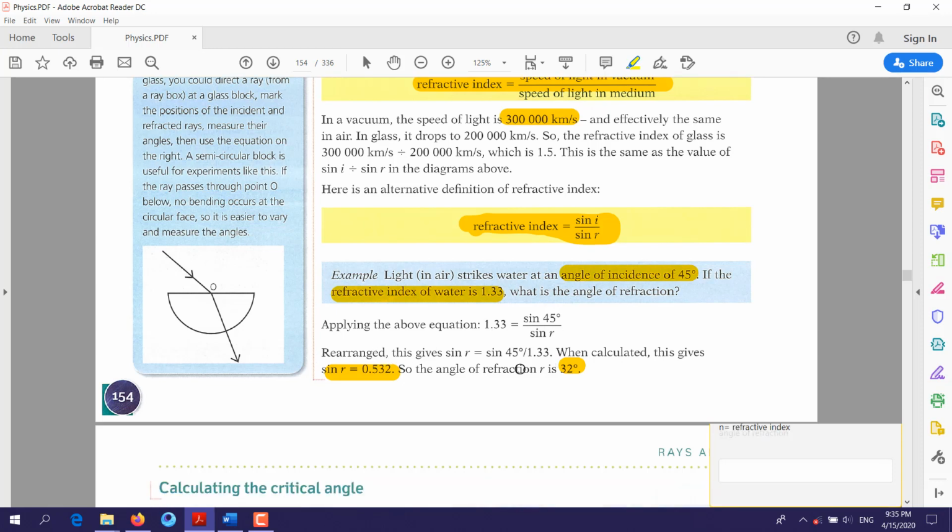By rearranging and doing the calculations, we get that the sine of the refracted angle is equal to 0.532. If we convert 0.532 into an angle, the answer is 32 degrees.